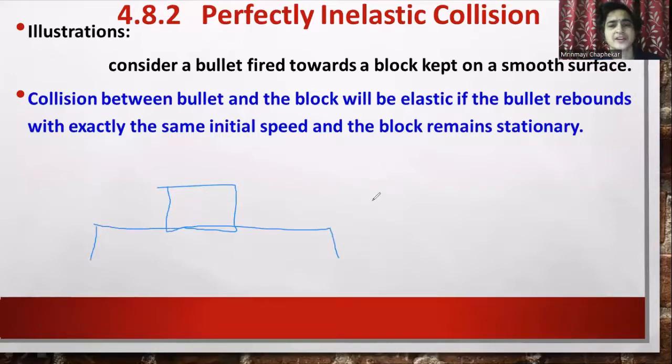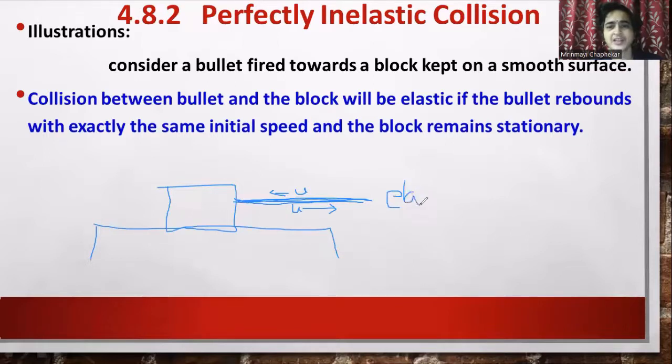Suppose a bullet is fired. बुलेट फायर झाल्यावर suppose it rebounds with the same velocity in exactly the opposite direction, with the same initial velocity, त्याची जी u velocity या डिरेक्शन मध्ये होती, आता पण यूच वेलोसिटी फक्त एक्झॅक्टली अपोजिट डिरेक्शन मध्ये जर असेल, आणि ब्लॉक जो स्टेशनरी होता तो स्टेशनरीच आहे, असं जे कोलिजन असेल ते झालं परफेक्टली इलास्टिक कोलिजन.